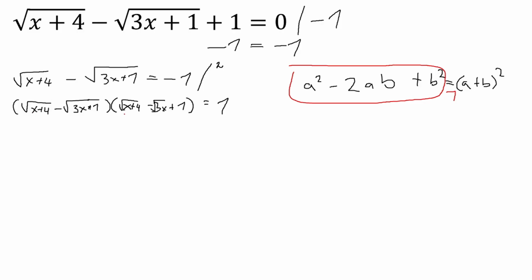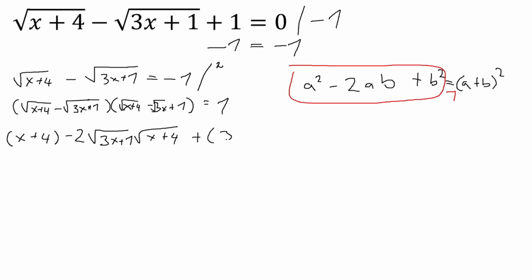So that would be x plus 4 times x plus 4, and that would be equal to x plus 4, just like so, minus 2 times the square root of 3x plus 1 times x plus 4. You can write this whole thing under one radical, you can write it under two radicals, it doesn't really matter.